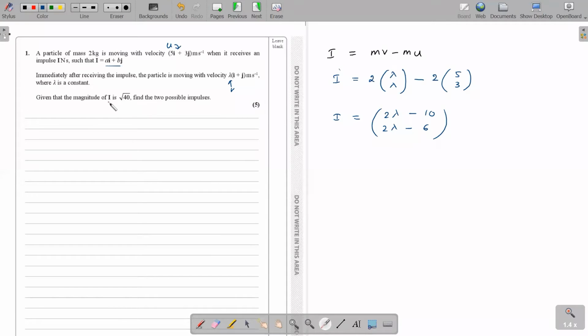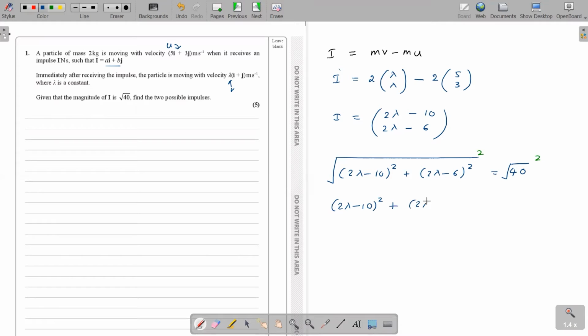So to get the magnitude, we square 2 lambda minus 10, square 2 lambda minus 6, and then take the square root. This gives me the magnitude of the impulse, which is root 40. Then we can remove the large root from both sides by squaring. So I end up getting (2 lambda minus 10) squared plus (2 lambda minus 6) squared equals 40, since root 40 squared is 40.